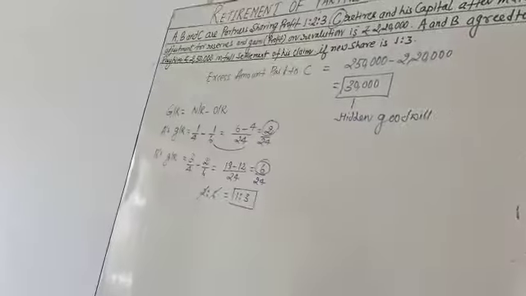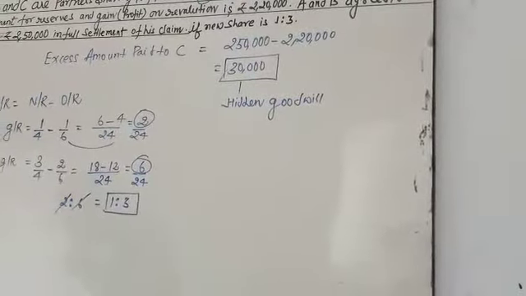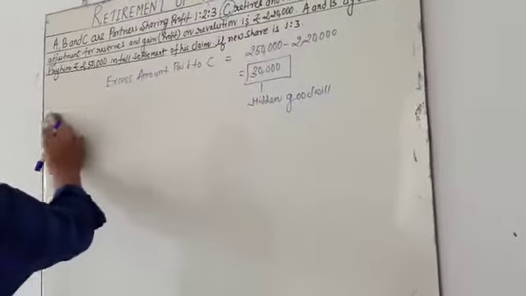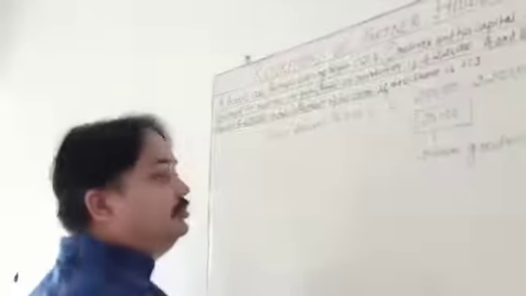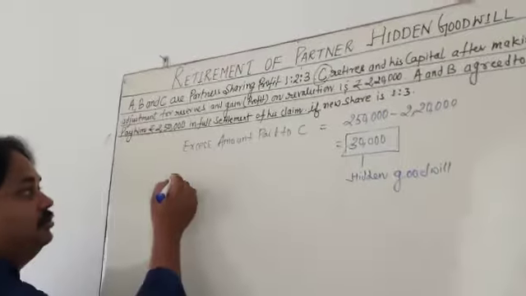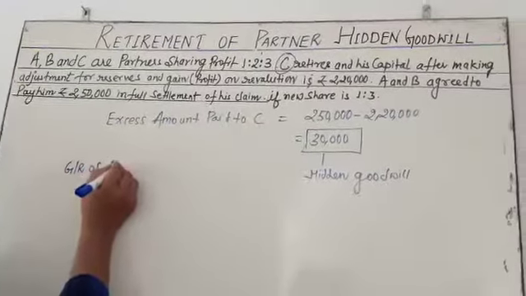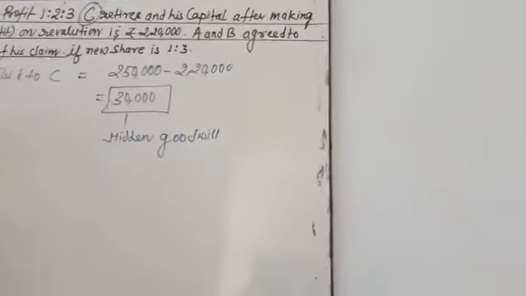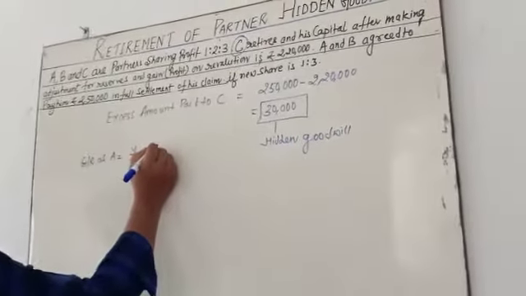Let me show how to calculate the gaining ratio again. Gaining ratio of A is equal to new ratio minus old ratio: 1/4 minus 1/6.